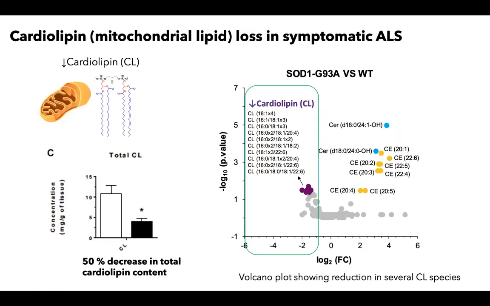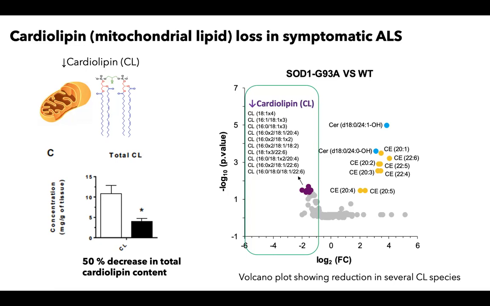Another finding was the reduction or loss of cardiolipin in the spinal cord. We found about a 50% decrease in total cardiolipin content. Cardiolipin is a mitochondrial lipid, so the decrease in cardiolipin reflects a problem in mitochondria.